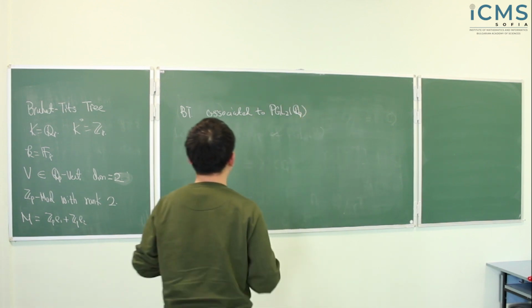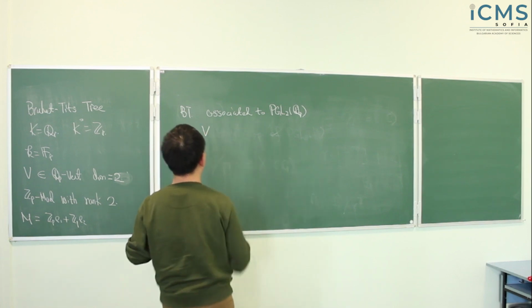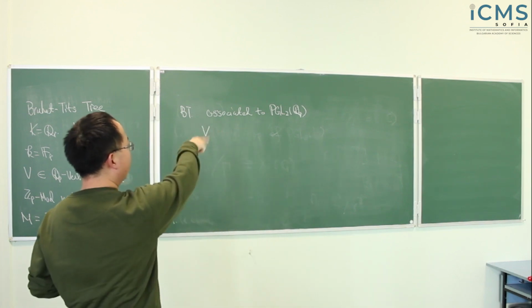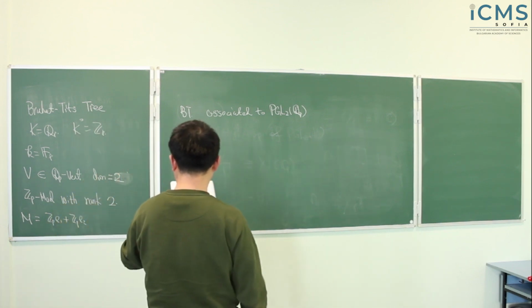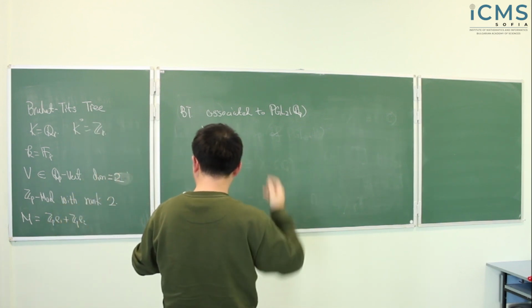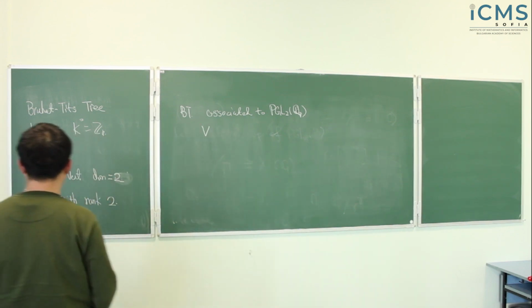Here we already fixed a vector space V with coefficient Q_p and dimension 2, and then we need to define the equivalence relation of the lattices.